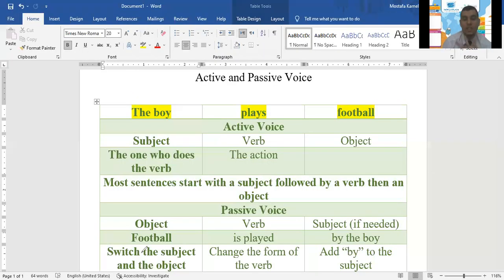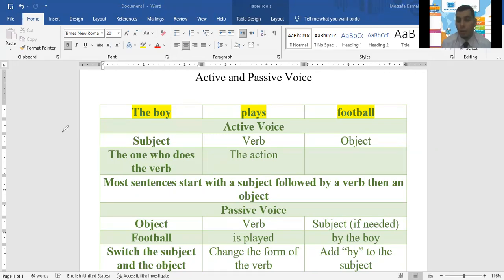First, switch the subject and the object. Very good. 2, change the form of the verb. 3, add by to the subject. Very good. Add by to the subject.